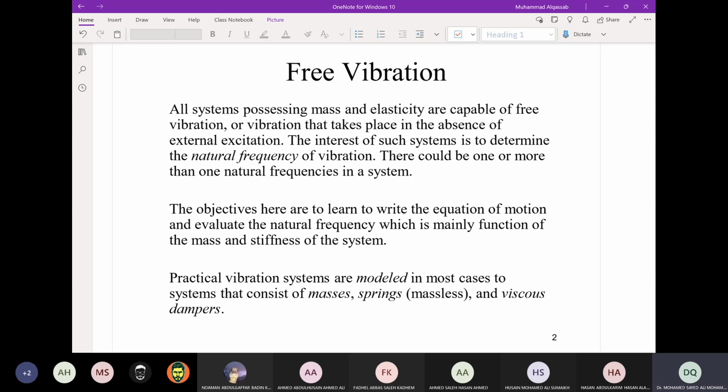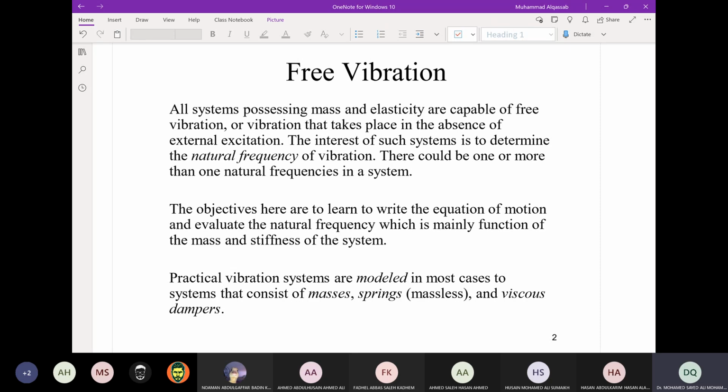Any system that has a translational type of motion, we will model as a spring mass system with a massless spring. If a system is oscillating in translational motion, then we will model it as a mass and a massless spring. And you can have also a damper as well.